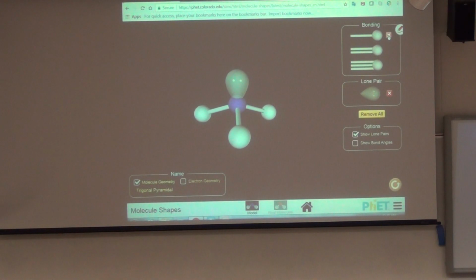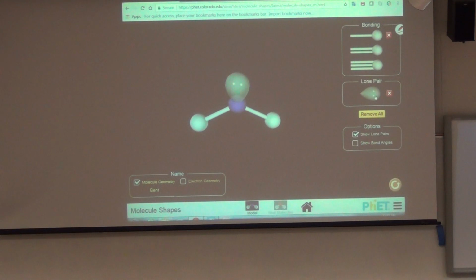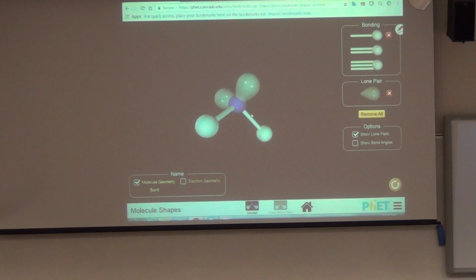Alright, if we take out another one of our bonds and replace it with another lone pair, we still have a 4-sided figure, but again, we're only drawing the bonding pairs.